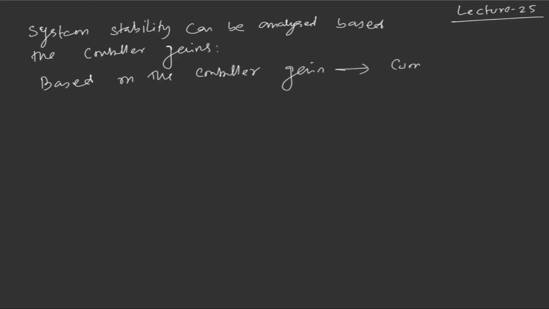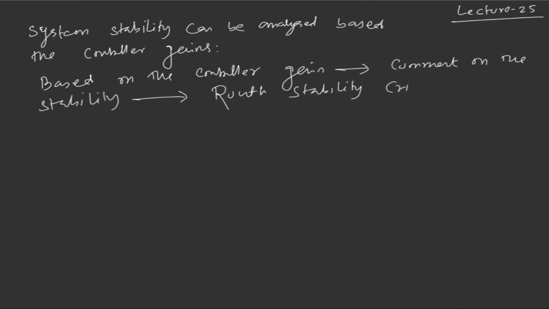This part we discussed through the concept of the Routh stability criterion: basically, the range of K's or gains for which the system will be stable. And in today's lecture, we'll come up with one new concept, which is the root locus.